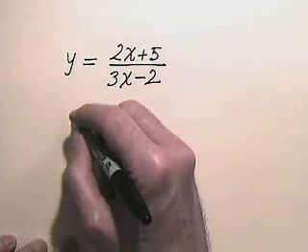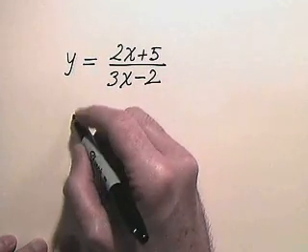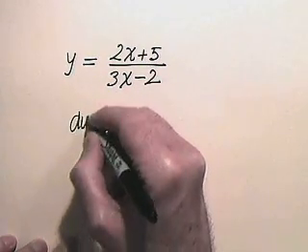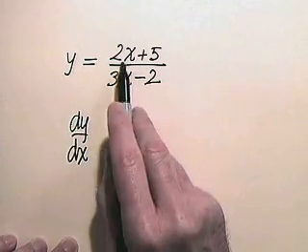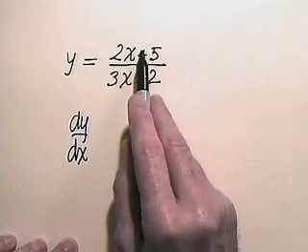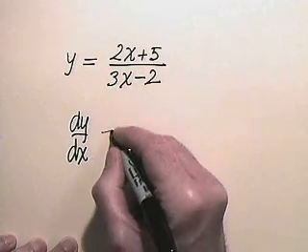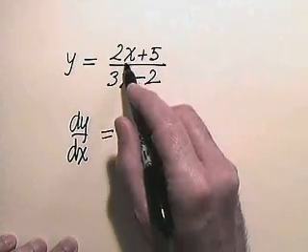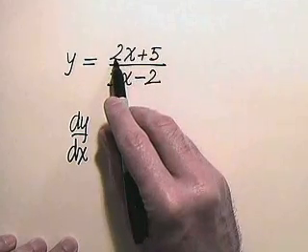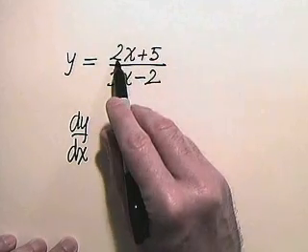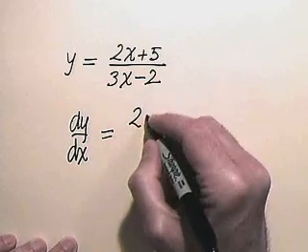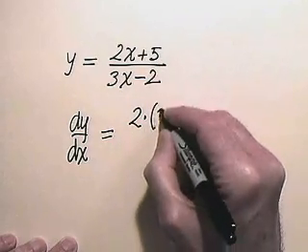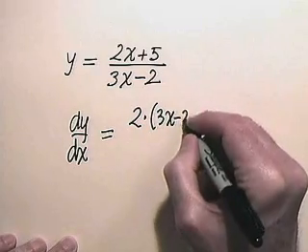So remember, for the quotient rule, we've got two terms in the numerator, and the first term is the derivative of the numerator multiplied by the denominator. What is the derivative of the numerator? Well, derivative of 2x is just 2, and the derivative of 5 is 0. So the derivative of the numerator is simply 2, and we multiply by the denominator.